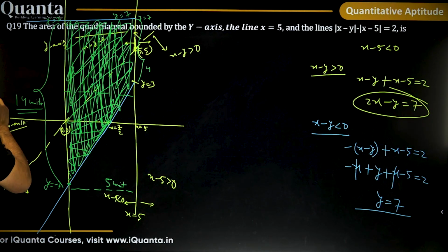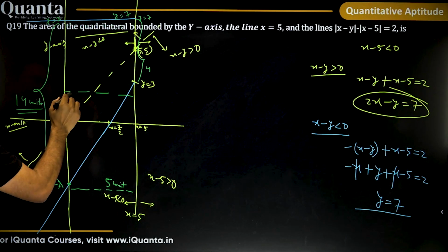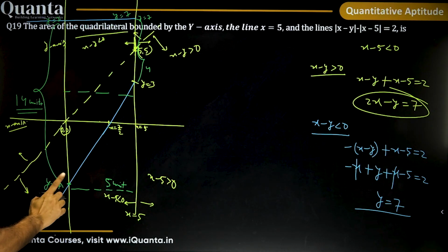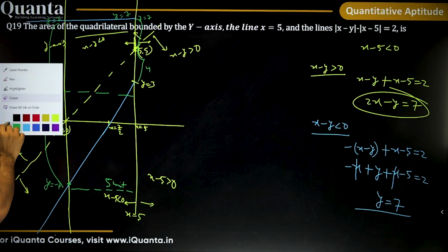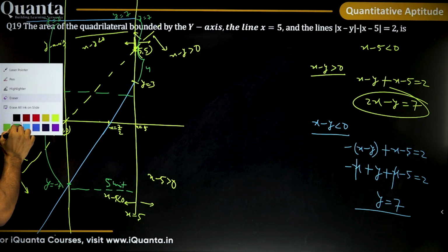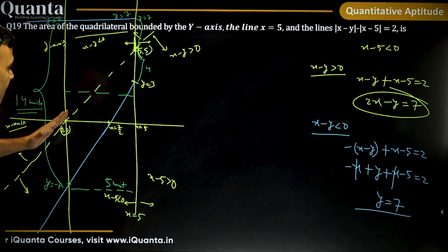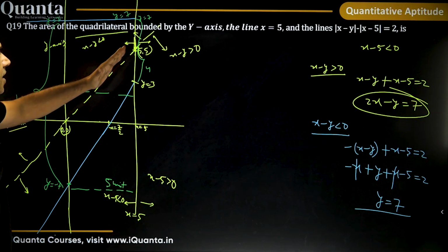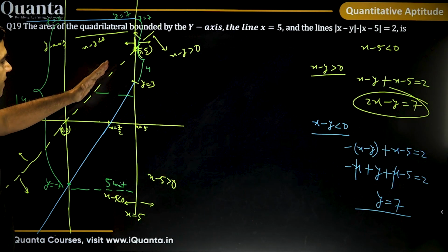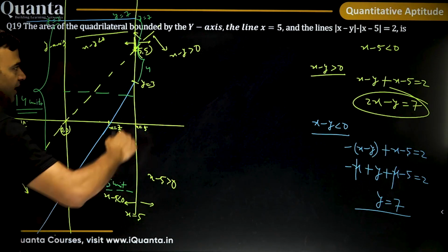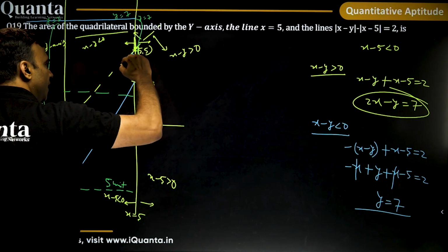Now I'll just explain the area once more. Watch it very carefully. I'll do one more thing. You see, there are two portions even in that. This is the line x minus y equal to 0. For x minus y greater than 0 and this line, this was the area.